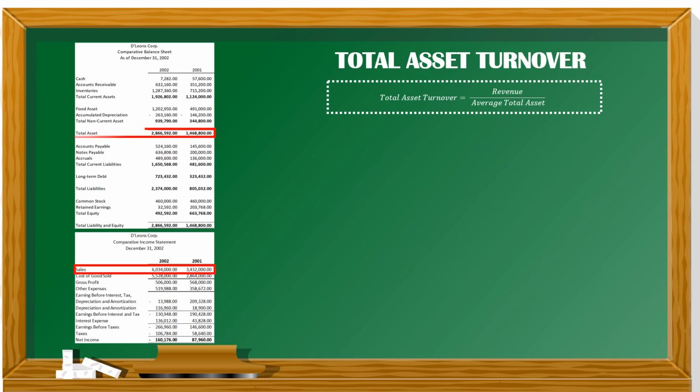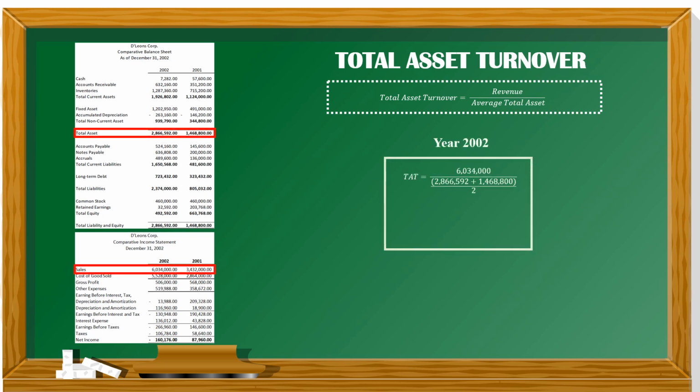Okay, so for year 2002, we will again have the revenue, that is 6,034,000, divided by the average total asset, that is 2,866,592 plus the beginning balance for 2002, that is 1,468,800, divided by 2.